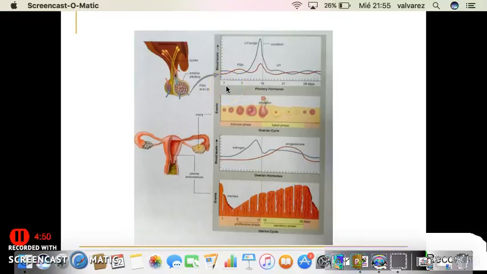The menstrual cycle is a period that lasts normally around 28 days. During the first 5 days, day 1 of my cycle, menstruation is starting.